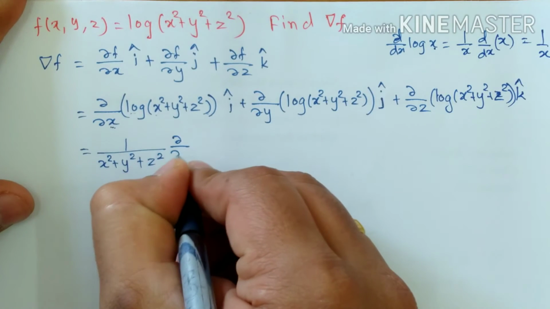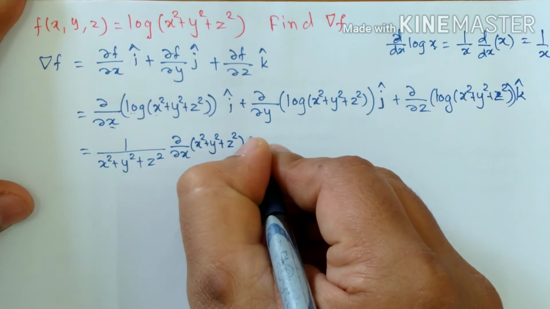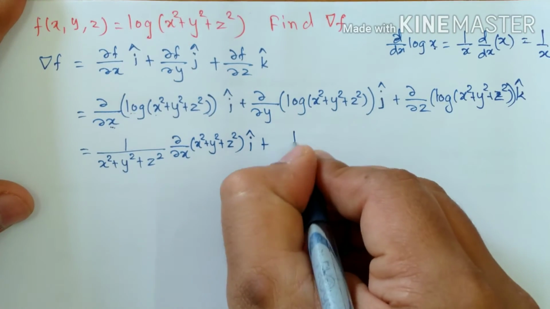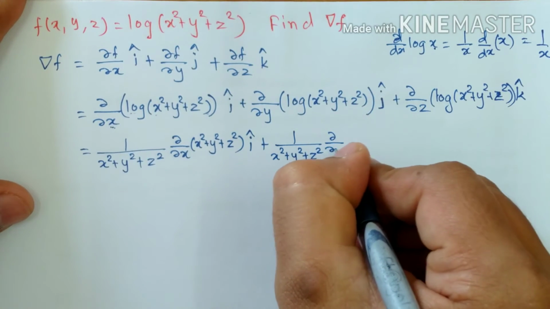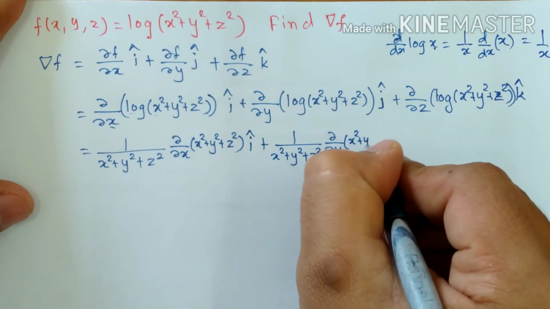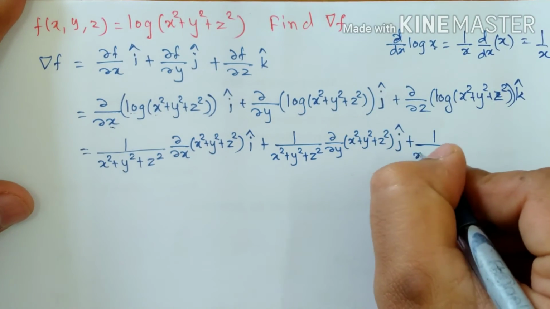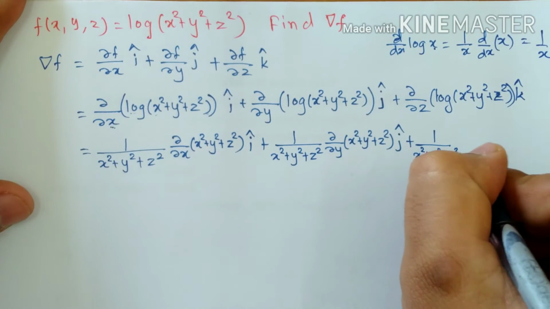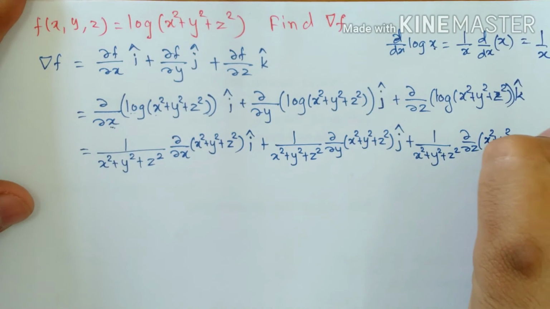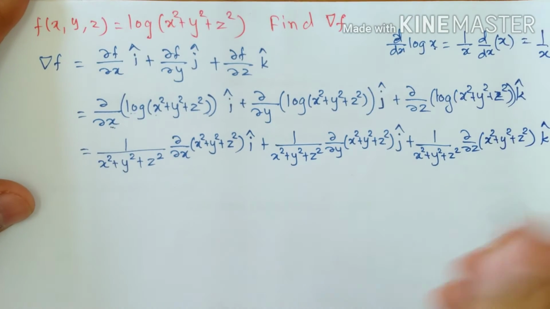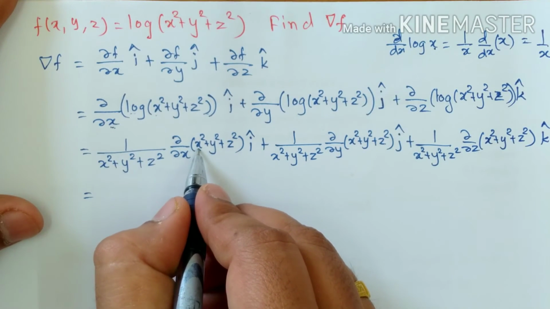Similarly, 1 upon x square plus y square plus z square into the partial derivative of x square plus y square plus z square into i cap. For this also, 1 upon x square plus y square plus z square into the partial derivative with respect to y of x square plus y square plus z square into j cap. Plus similarly, 1 upon x square plus y square plus z square into the partial derivative with respect to z of x square plus y square plus z square into k cap. Now, what is the partial derivative of this with respect to x? For the x square term, the derivative is 2x.